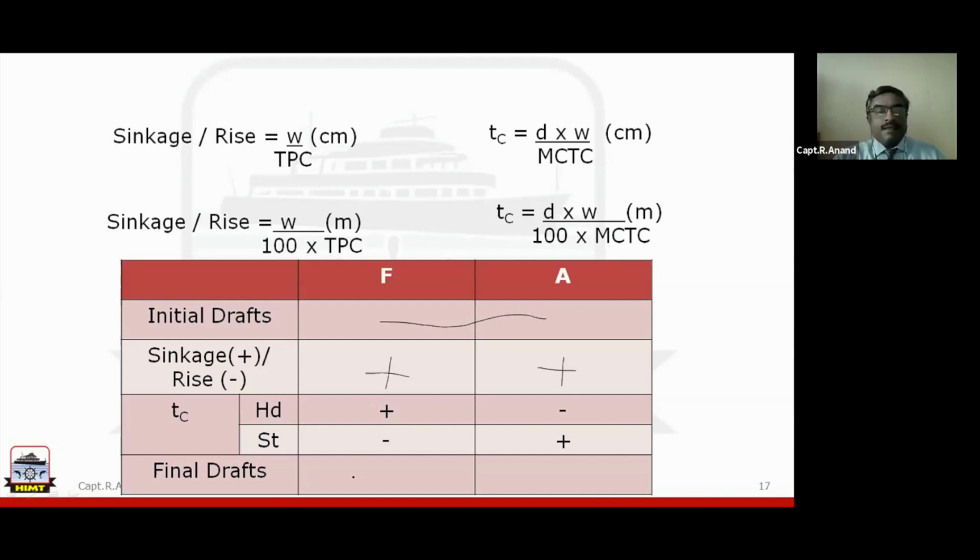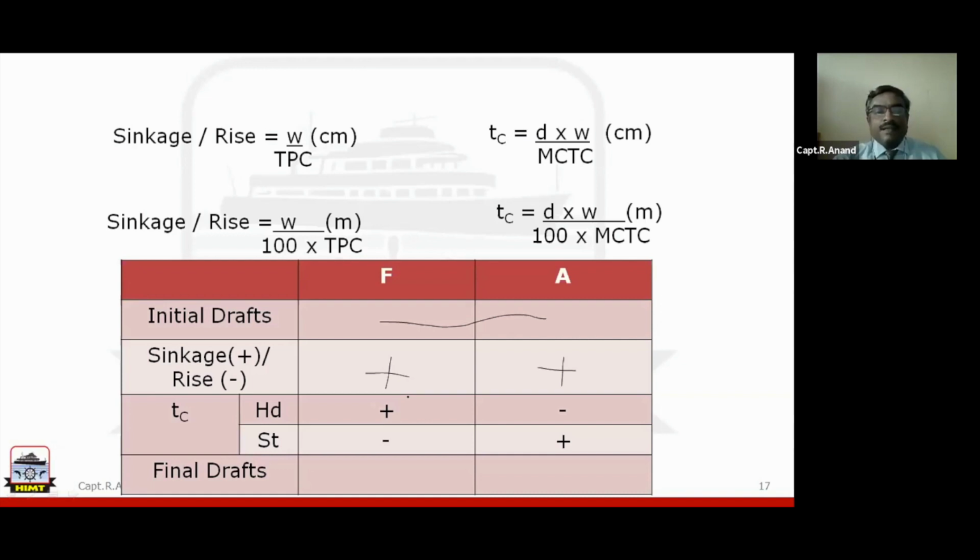Now let's get to the second part, which is the trim change. Remember, in this particular case, because I have loaded that weight in the aft part of the ship, what will happen to the draft forward? Which condition should I take?